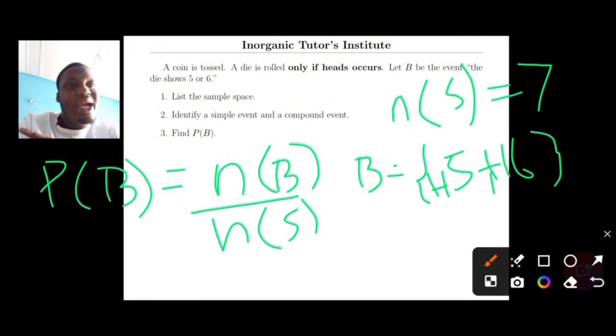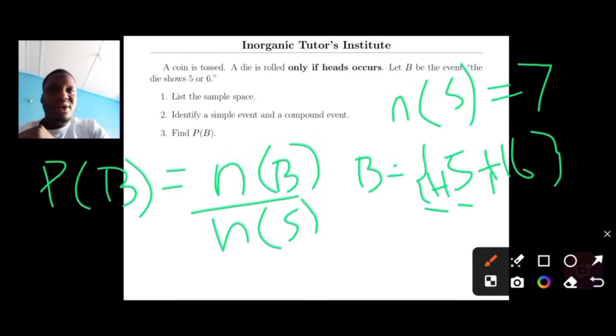When I say pass, I mean if you've had a head on a toss, that's the only way you can roll the die. So getting a 5 or 6 means that you had a head and you went on to get a 5. Let's take this scenario where we say that, okay, you win this game if you roll a 5.